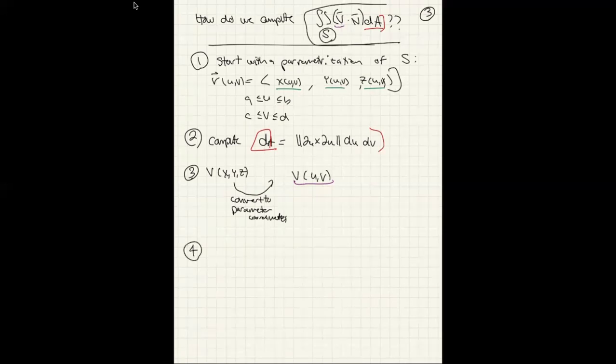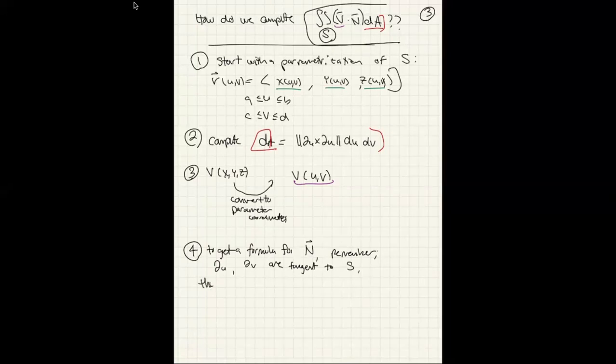So let's discuss the normal vector. To get a formula for the unit normal vector field, well, remember, I think we've done enough pictures where partial u and partial v are tangent to the surface S. So their cross product gives you a vector that is orthogonal to the surface.